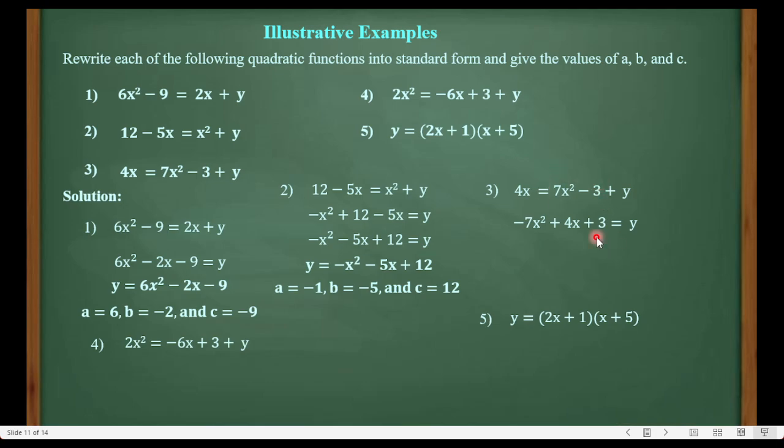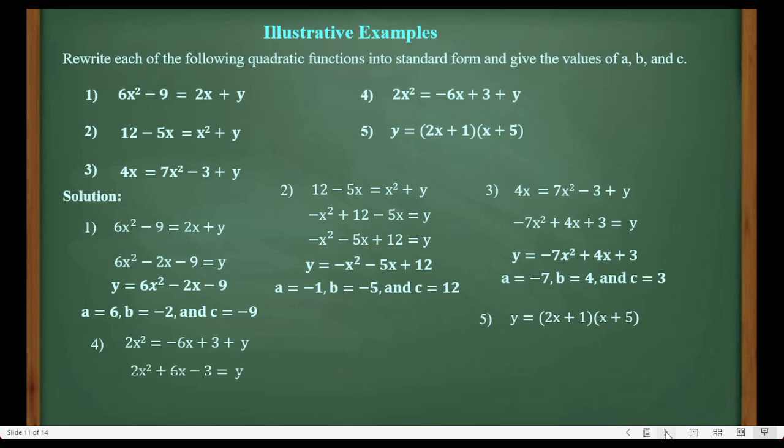Going to the left, it will be positive 3, and what will remain on the right is just y. And then apply the symmetric property, interchanging the position of this side and this side. The equation in number 3 becomes y equals negative 7x squared plus 4x plus 3, which is now in standard form. Therefore, it follows that the values of a, b, and c are negative 7, 4, and 3 respectively.